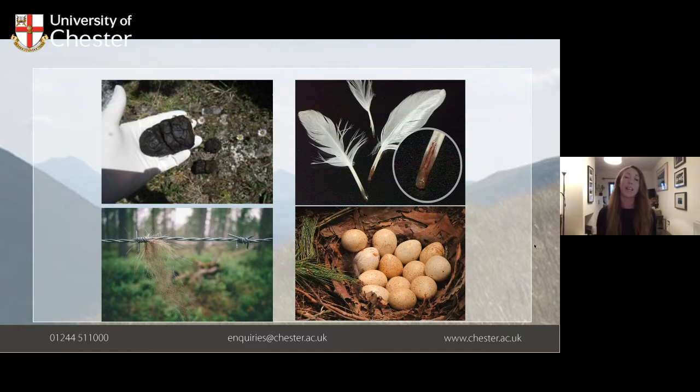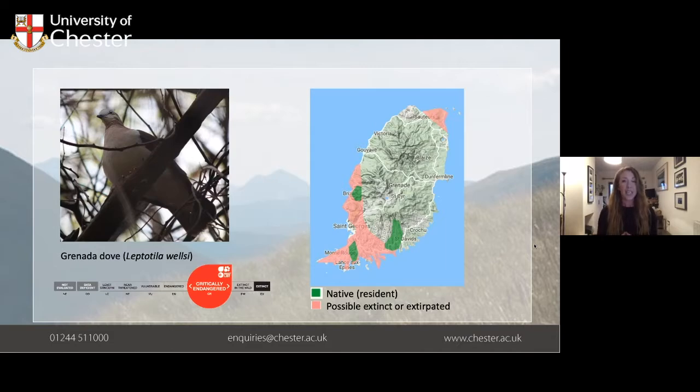To illustrate this, I'd like to talk about 3 case studies of research that's being carried out here at the Conservation Biology Research Group. The first species I'd like to speak about is the Granada Dove. Now this is a critically endangered species. It lives only on the island of Grenada in the Caribbean, and it exists now only in 2 pockets of habitat, highlighted by those green areas.